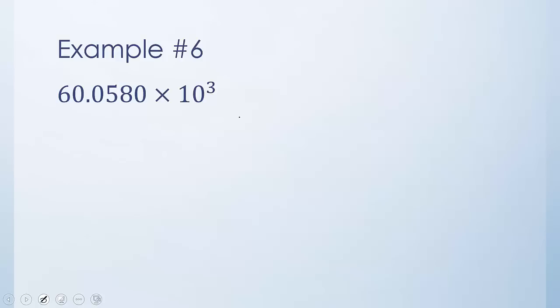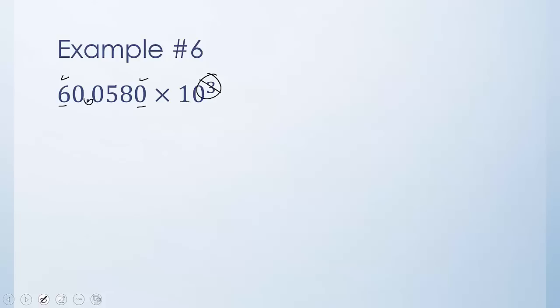Example number 6, here we go back to scientific notation. We're not going to worry about the exponent, it doesn't really play into things here. But now we have to start decoding what to do with this here. 60.0580. Of course the 6 is significant. This 0 here is to the right of the decimal and to the right of that 6, so it's significant. And everything in between becomes significant then by rule number 2.